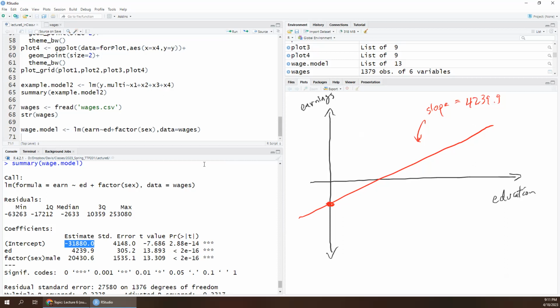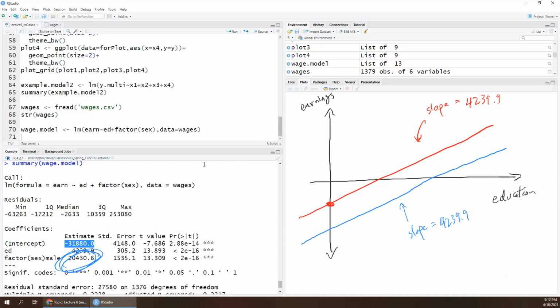In fact, what you have here are two lines. This one also has a slope equal to 4239.9, because over here in the results, that 20,430 is an indication of essentially a different intercept.